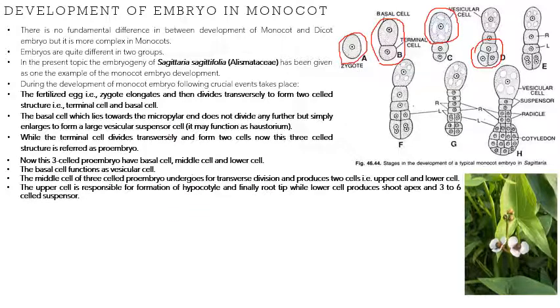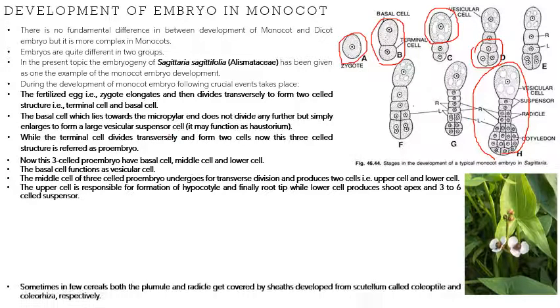The upper cell is responsible for the formation of the hypocotyl and finally the root tip, while the lower cell produces the shoot apex and a 3 to 6 celled suspensor. This stage shows the entire vesicular cell, suspensor, radicle and the cotyledons.